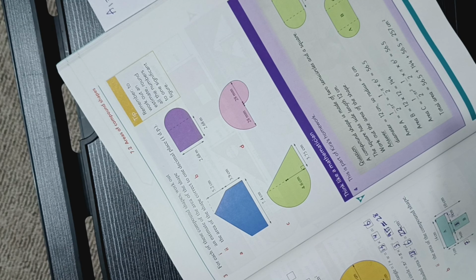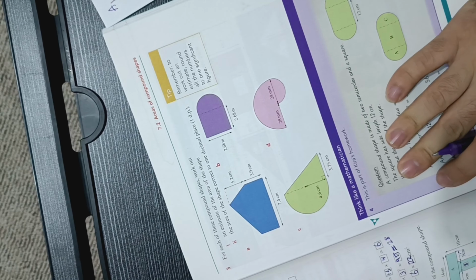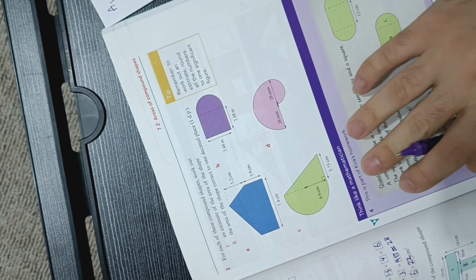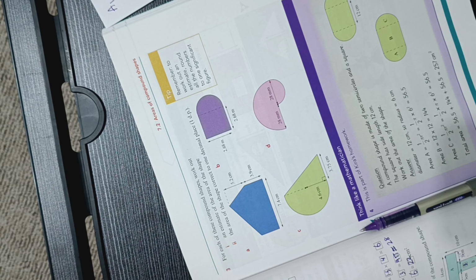Great. How about here? For each of these compound shapes, work out an estimate of area of the shape. And the second thing that it asks about is the area of the shape correct to 1 decimal place. So there are two ways, guys, here.